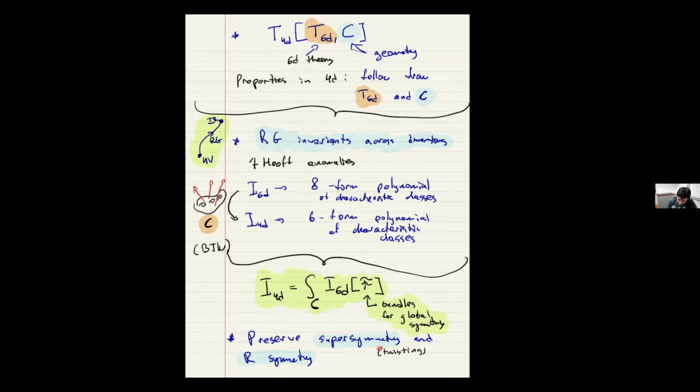And this procedure of preserving supersymmetry is called twisting. Basically, supercharges transform both under Lorentz symmetry and under a certain R symmetry, so you turn on some non-trivial background for this R symmetry, such that it will cancel the effect of geometry, and at least some of the supercharges will be preserved.